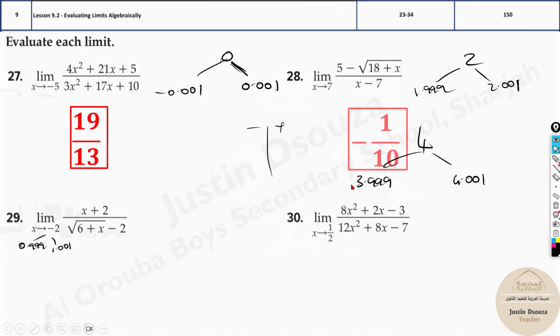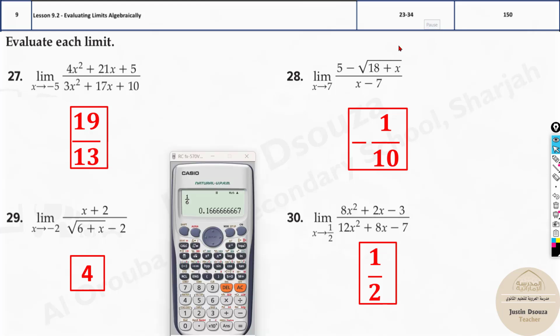All these, please do by yourselves. Now, especially such problems, let me do this one over here. Let's take our calculators. Students tend to get confused over here. Now 4x squared plus 21x plus 5 divided by 3x squared plus 17x plus 10.